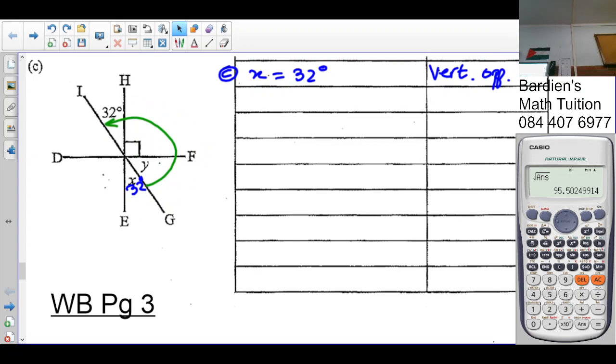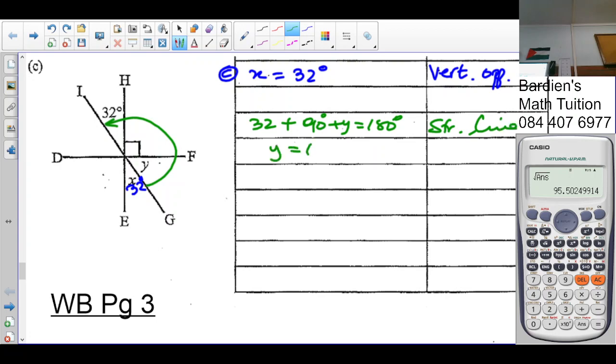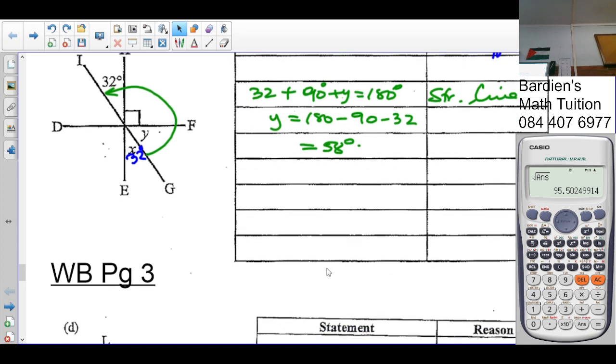So it's going to be 32 plus 90 plus y is equal to 180. Why? Angles on a straight line. So y is equal to 180 minus 90 minus 32, which is 58. Do you guys understand? Yes?